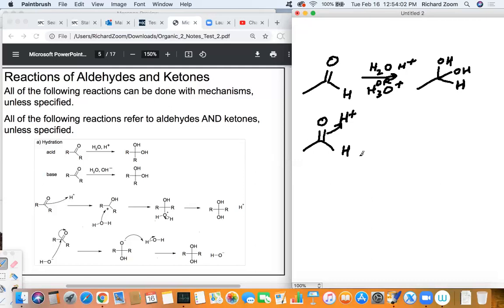Now let's look at the story this arrow is telling us here. This arrow is trying to say that two electrons are being taken from this C double bond O, which means we're going to lose one of these bonds.